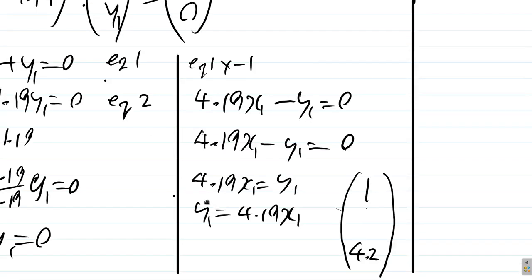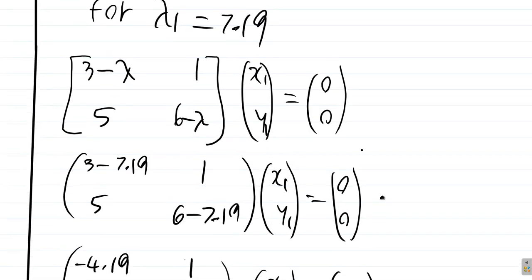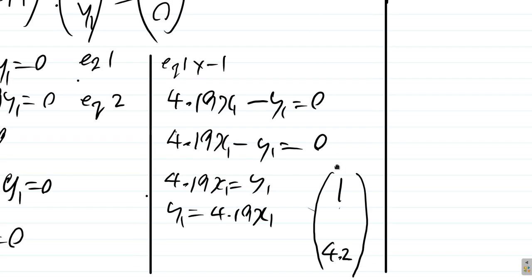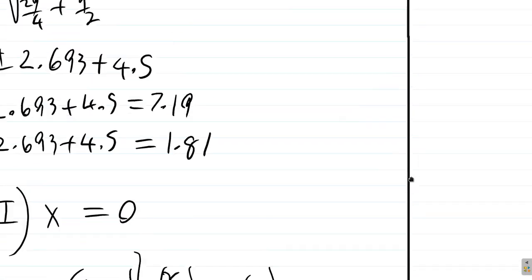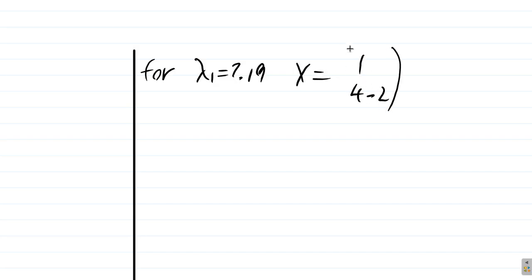So when we have 7.19, it is (1, 4.2). So for lambda 1 equals 7.19, x equals (1, 4.2). Alright.